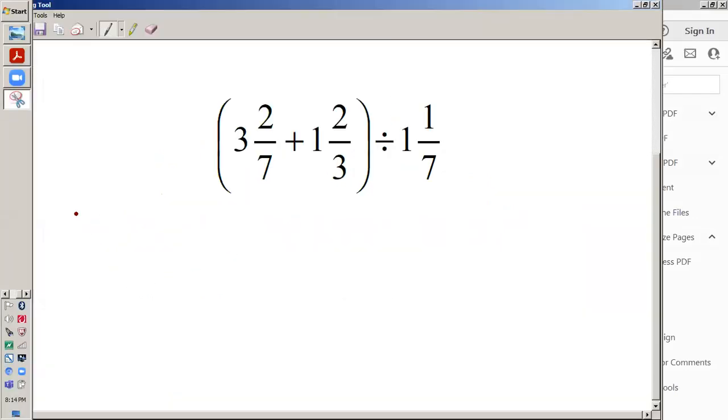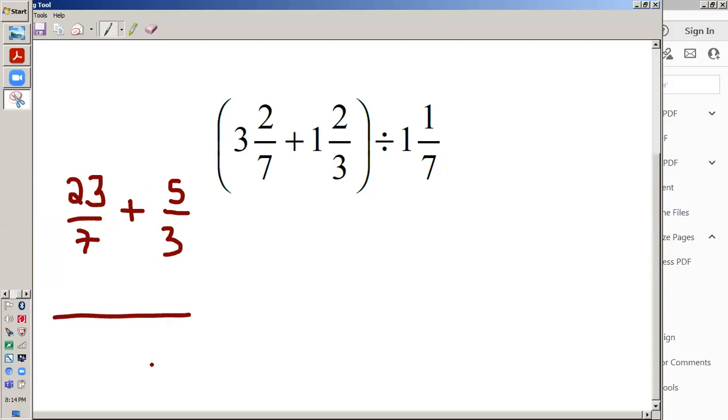All right, so we're going to work on the top piece. Can someone tell me what the LCM of 3 and 7 is? 21.